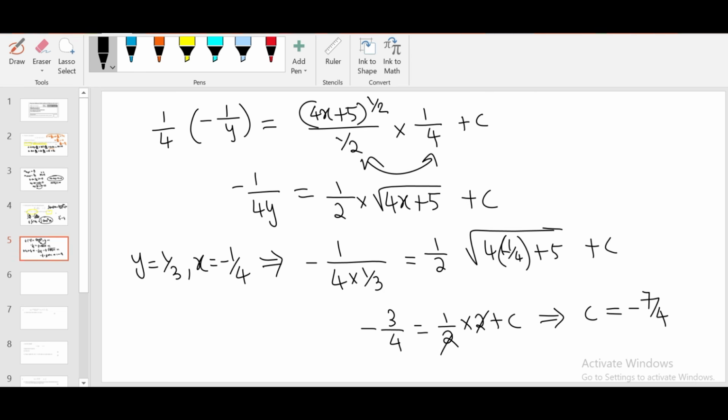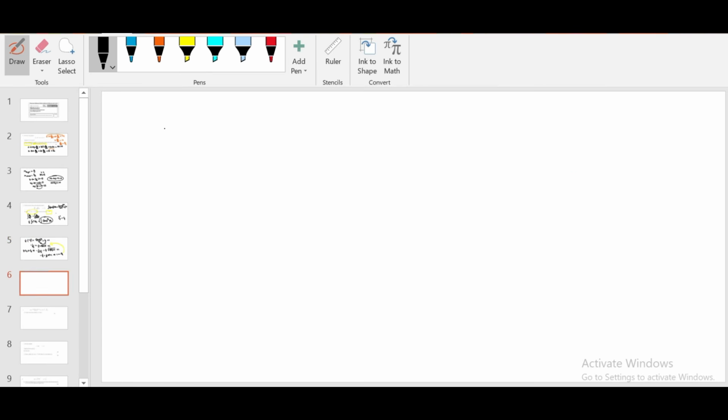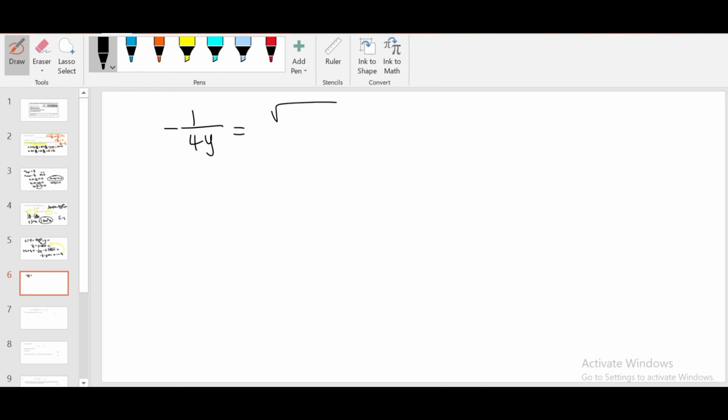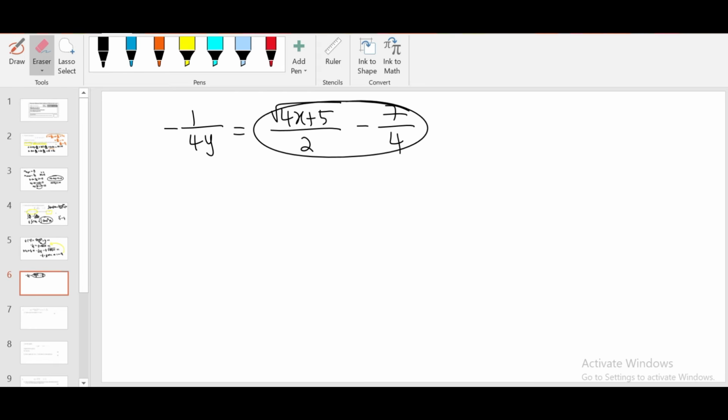So let's sub in c back in here, and make y the subject. So we will get minus 1 over 4y is equal to square root of 4x plus 5 divided by 2 minus 7 over 4. If you want to flip both sides, you need to combine this into a single fraction.